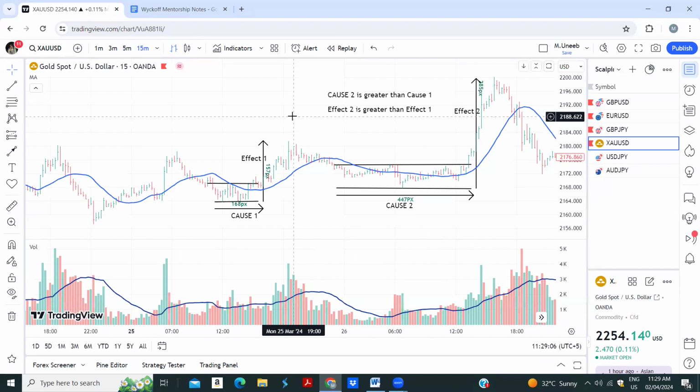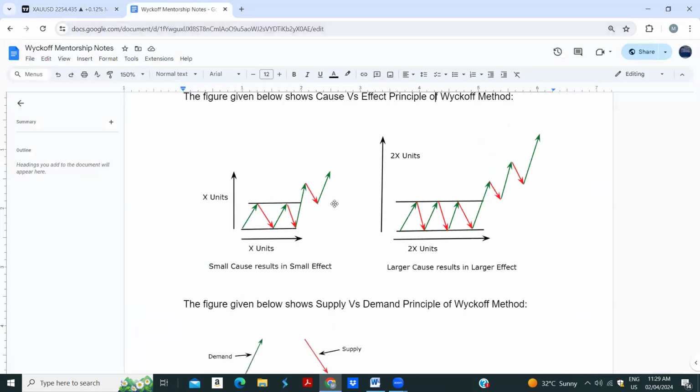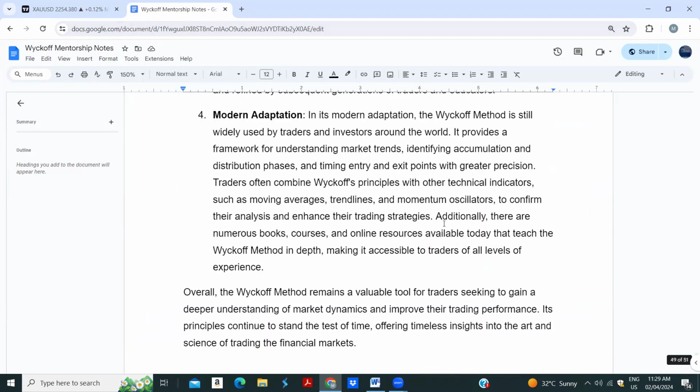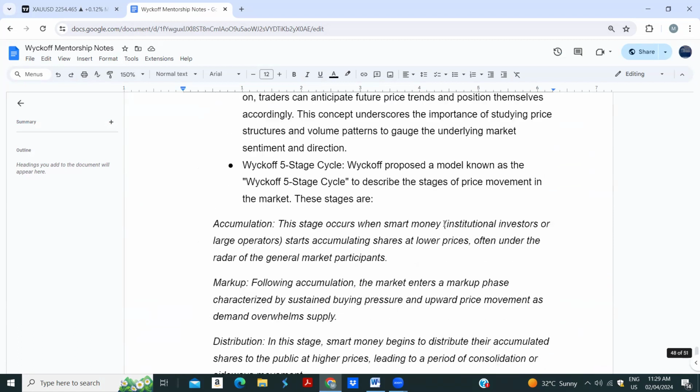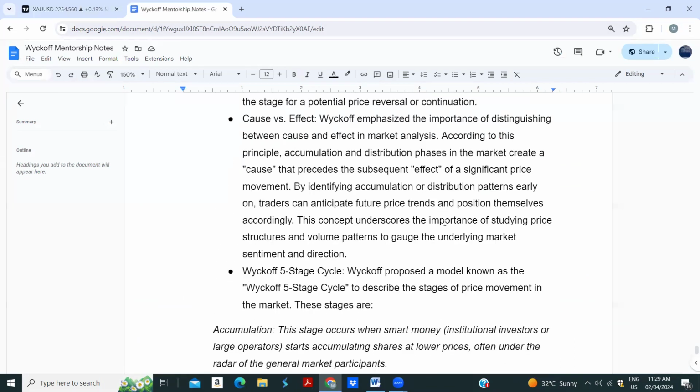And when we have the larger range, then the price movement out of that trading range will also be larger. That's it. This is what is explained over here. So this is known as the principle of cause versus effect.